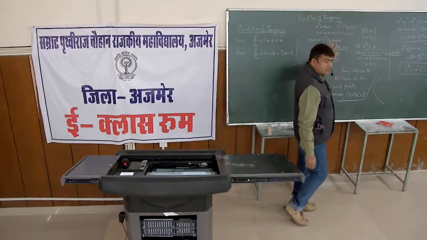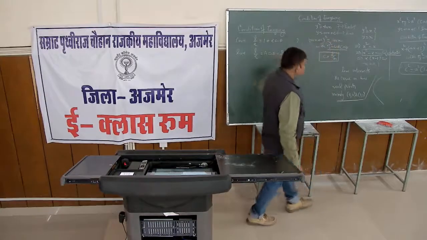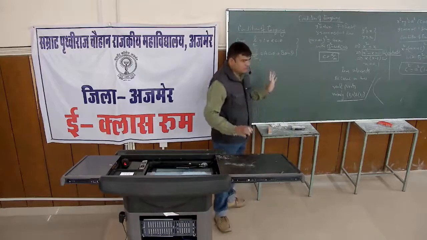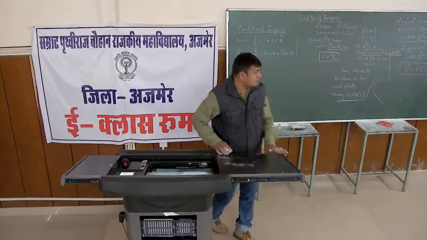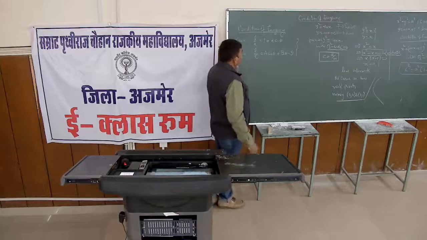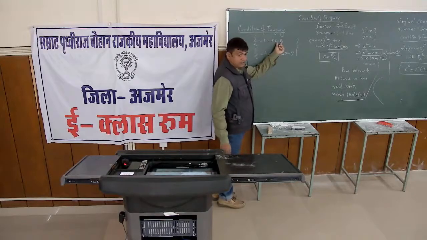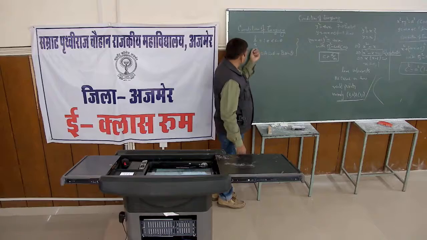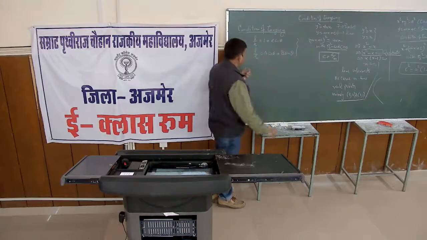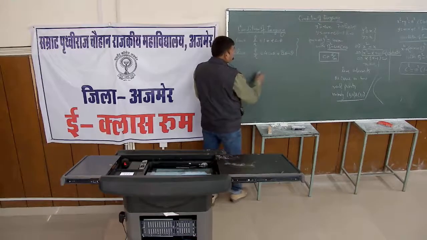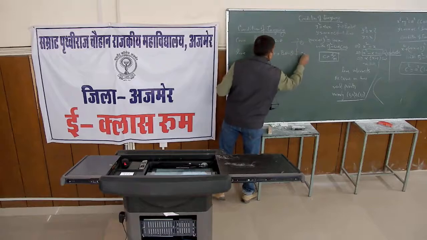किसको एलिमिनेट किया था यहाँ पर, y को। मैंने इस वाले कांस्टेंट को एज इट इज रखा है, उससे कोई फर्क नहीं पड़ता। So let us eliminate theta and we try to find the equation in terms of r. So let us see. This is first, second.